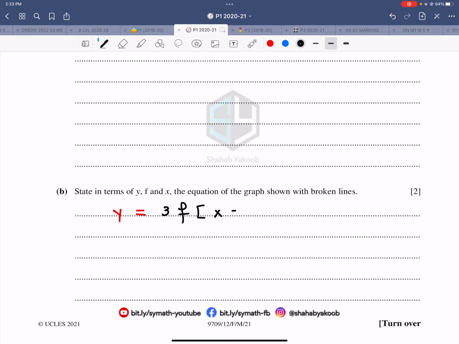So this is x minus 4, because in horizontal, minus means right. So this is translation. And this one is the stretch factor of 3 parallel to the y-axis. So that's how this equation is written. 1 mark for writing the 3 in the correct place, 1 mark for writing minus 4 in the correct place.